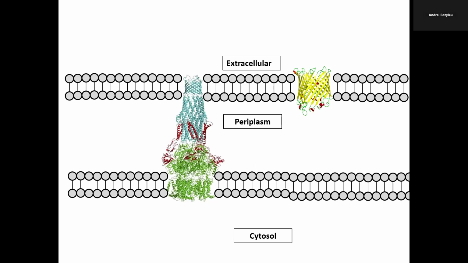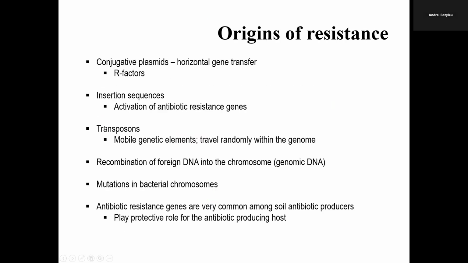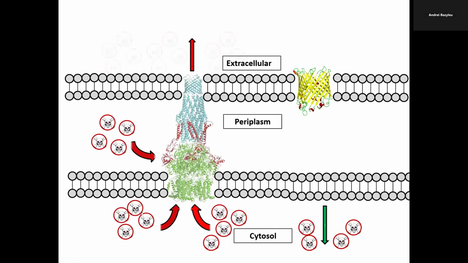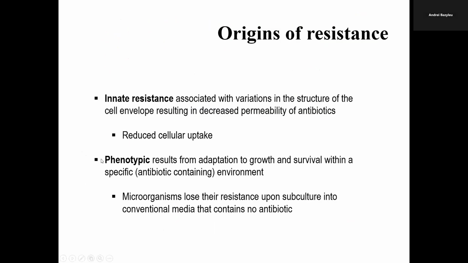All sorts of these conjugative plasmids, insertion sequences can be classified as acquired resistance, phenotypic resistance, because this resistance comes on a plasmid. This plasmid is not necessarily something that the cell is born with. It is something that it acquires as a result of adaptation to growth in the media that has antibiotic.